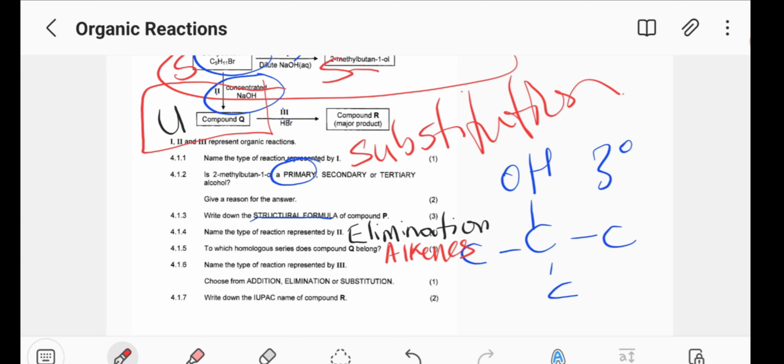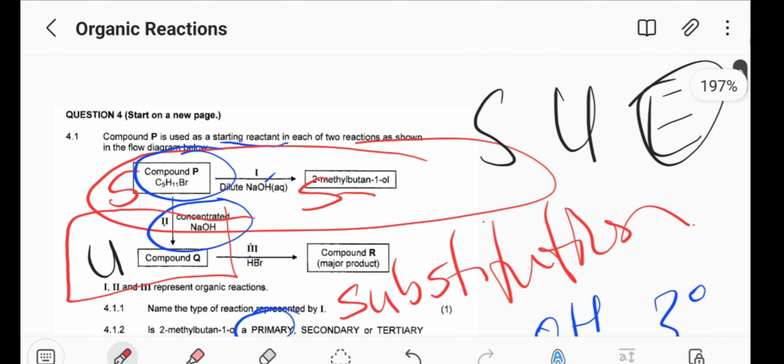Now they say, name the type of reaction. I told you, you have to make sure that you are able to name the type of reactions happening there. Now they talk about reaction 3. In reaction 3, we start with something unsaturated, and the product is compound R. So ask yourself, what do the conditions tell me here?